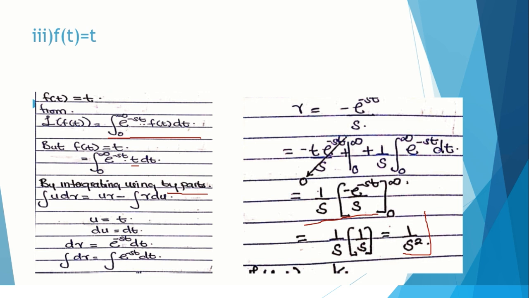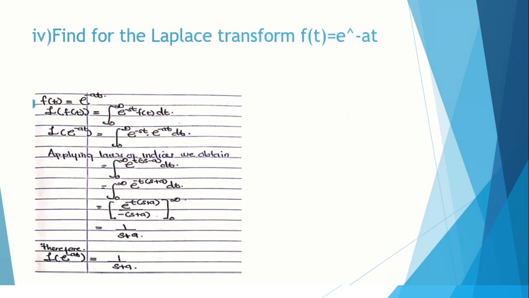So as we move into the next slide, we are going to find, when given a function equal to e to the minus at, what do we get? As earlier, we're going to first define the Laplace transform by formula. And as we've said, it is the integral from 0 up to infinity of e to the minus st times that function. And by now, I think we are good to go and everyone can solve this.